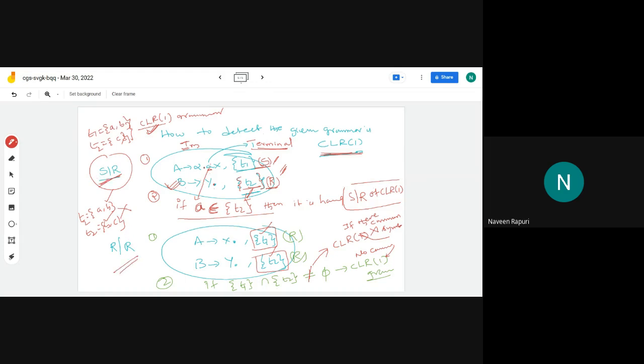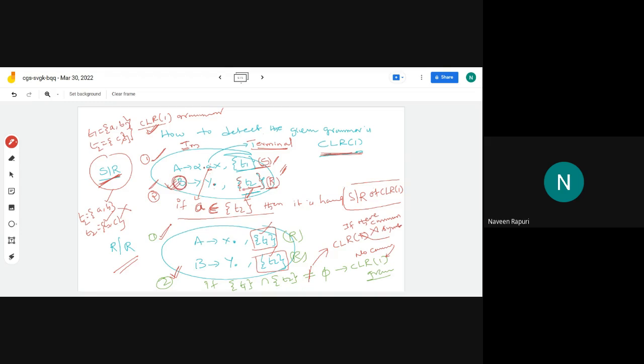SR conflict means it has to satisfy this property as well as this property. RR conflict means it has to satisfy this property along with this property.